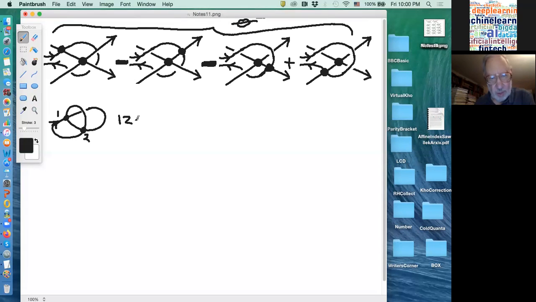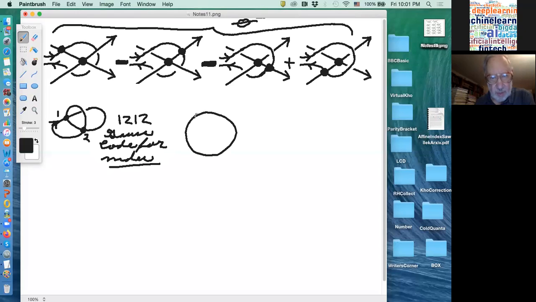Just Gauss code, just like we talked about before, but now I'm looking at the Gauss code for the nodes. And then I could actually look at a Gauss code. I could write 1, 2, 1, 2.